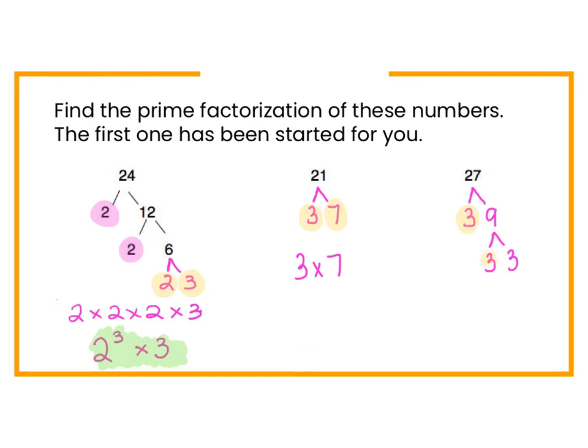Both 3's are prime, so we can circle them. Next, we can write out our prime factorization in expanded form. I see 3 times. So 3 times 3 times 3.